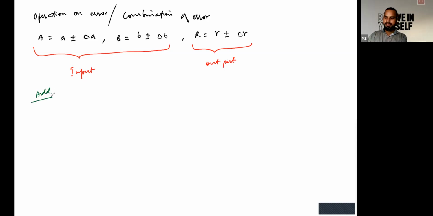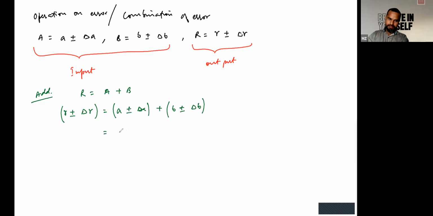Suppose for the first, addition, r is equal to a plus b. Now write the values of each term respectively. So it will be r plus minus delta r is equal to a plus minus delta a, b plus minus delta b.